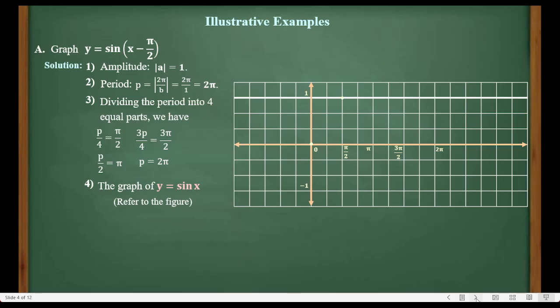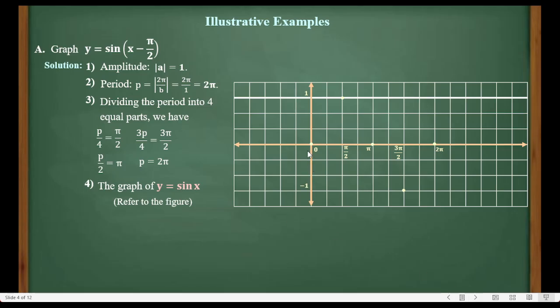Then for the next part of the period, which is pi, we consider sine of pi, and we know that is equal to 0. This is where you plot the point. And then the next part is 3 pi over 2, and we plot the point here. At 3 pi over 2 value of x, the value of y is equal to negative 1. And then finally, for the complete period 2 pi, we plot the point here.